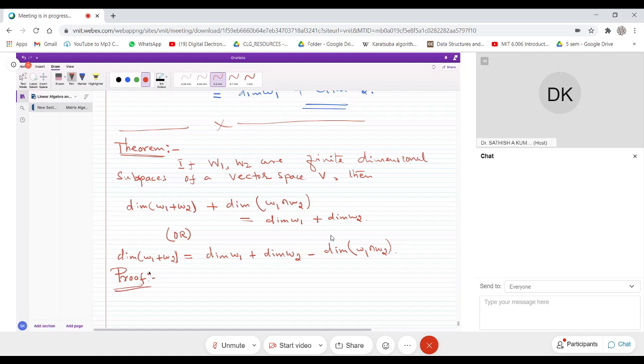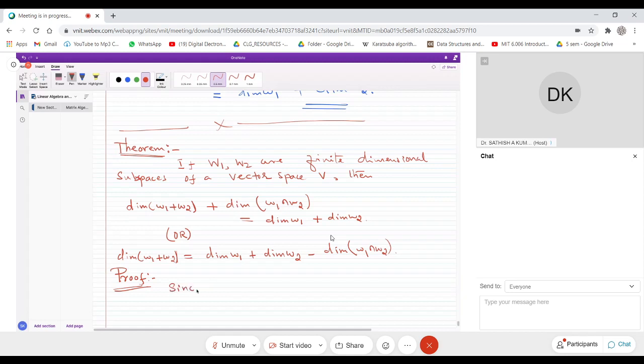So one thing is very clear, the same analysis: since W1 and W2 are finite dimensional, you can take two bases, one for W1 and the other for W2. So let us write that observation first.